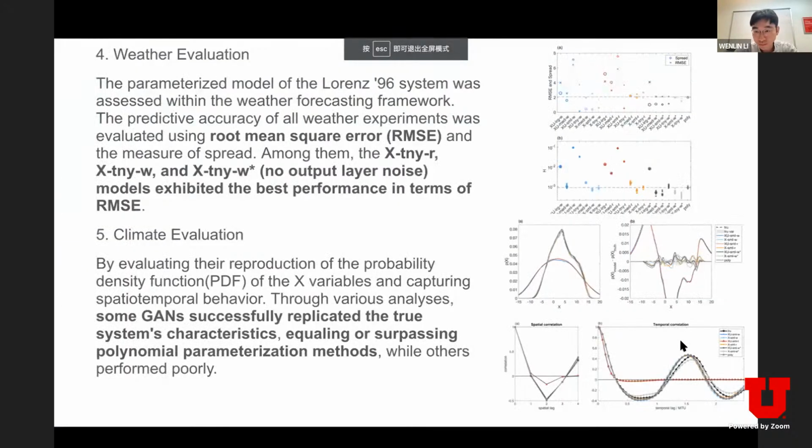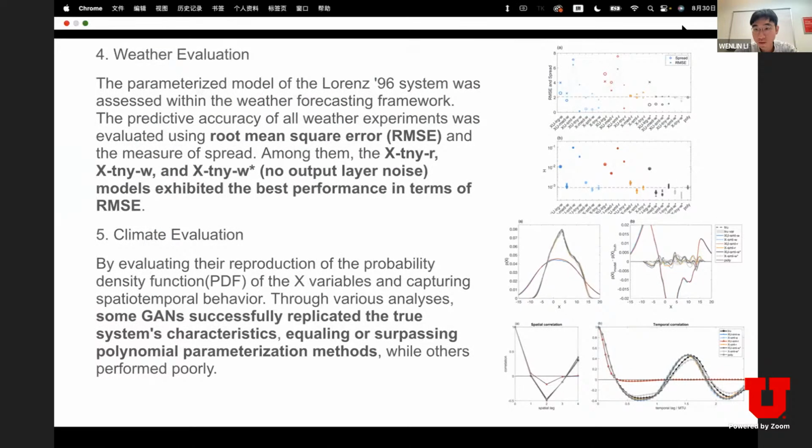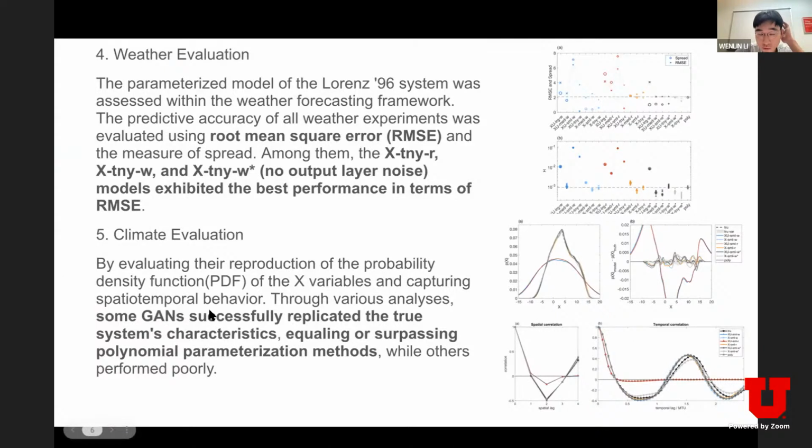So we just talked about the performance on the weather evolutions. They use the root mean square errors, which is right here. The x tiny red means they only accept the x as the inputs.